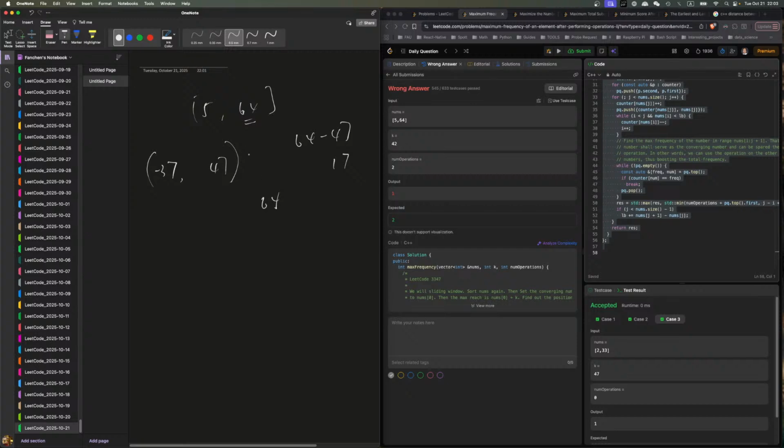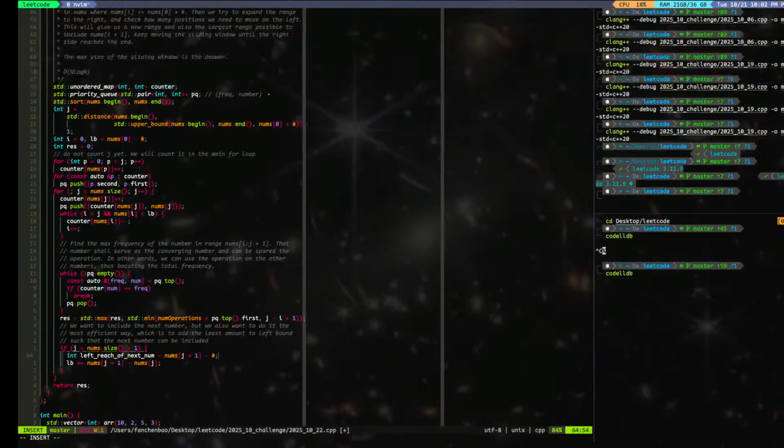This is the right bound I hit here. So on the left-hand side, this is minus 20. 5 is still within. That's why it's this.